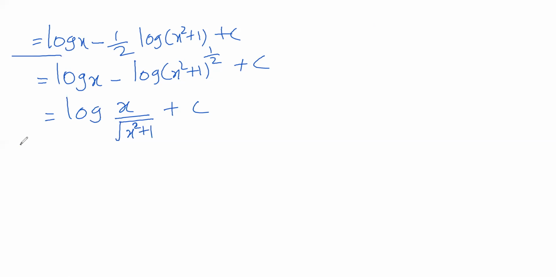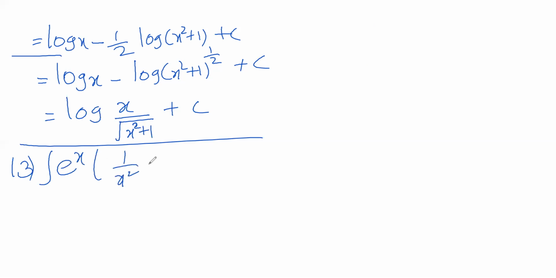Now, problem 30. We have 15 problems, I think, in this exercise. The problem is the integral of e power x into 1 by x squared minus 2 by x cube dx.